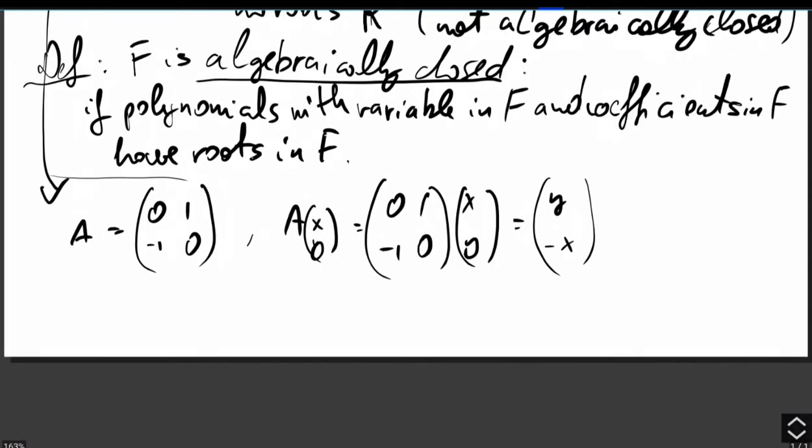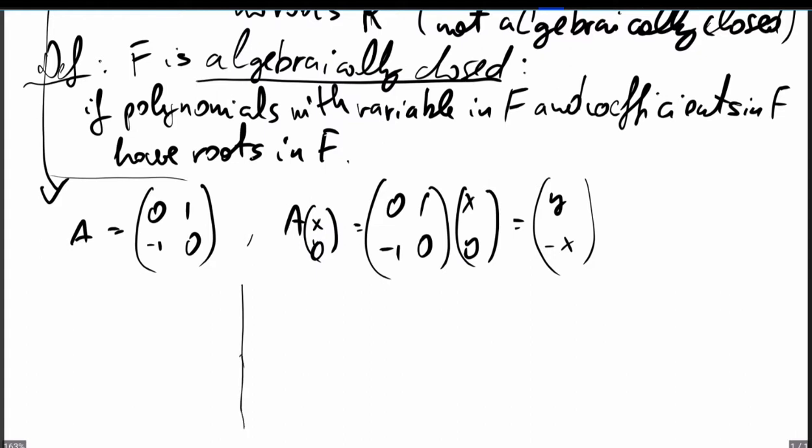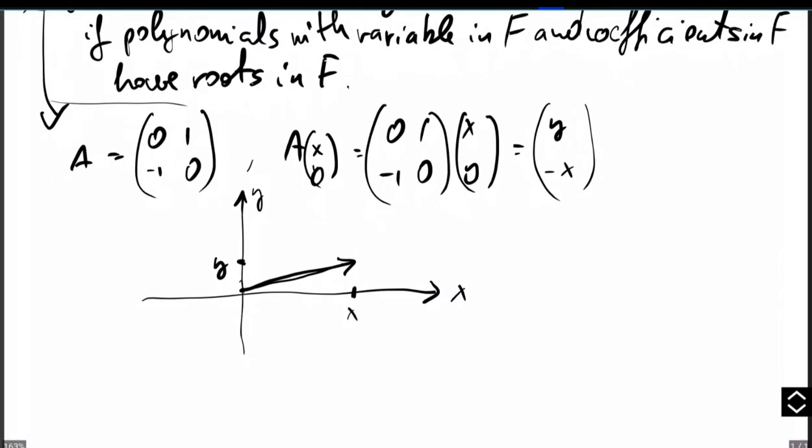If you want to look at this in general in the xy plane, let's say we have an x value and a y value. Then it turns the first coordinate into y. So if this y was small, then now the first component will be small, and the second component will be minus x. So here is minus x.